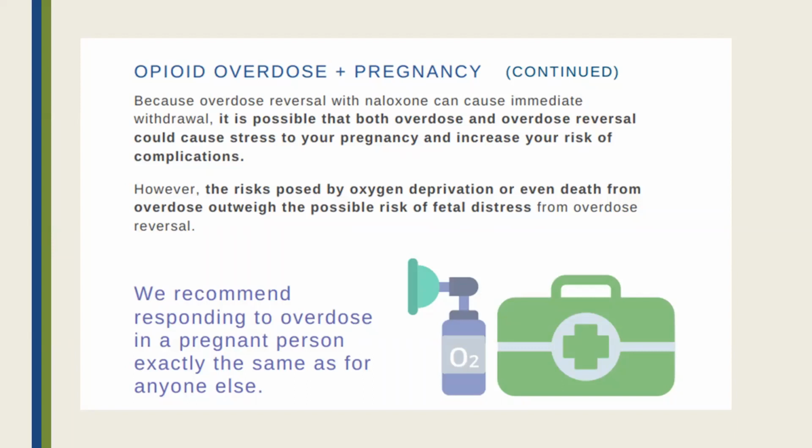However, the risks posed by the pregnant person not having oxygen or potentially dying from this overdose outweigh the other possible risks that might come from using naloxone on someone who is pregnant. So know that this is coming directly from the National Harm Reduction Coalition's Pregnancy and Substance Use Toolkit, which I will make available to you all as well.